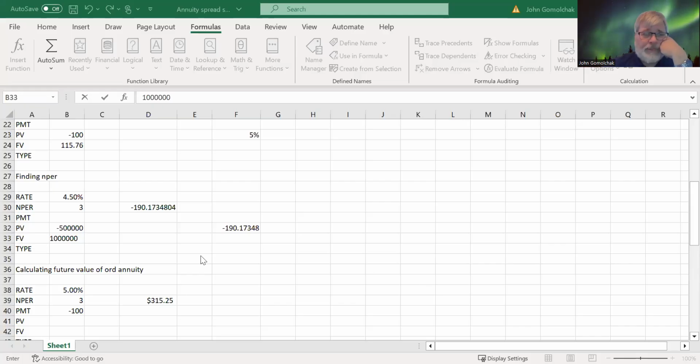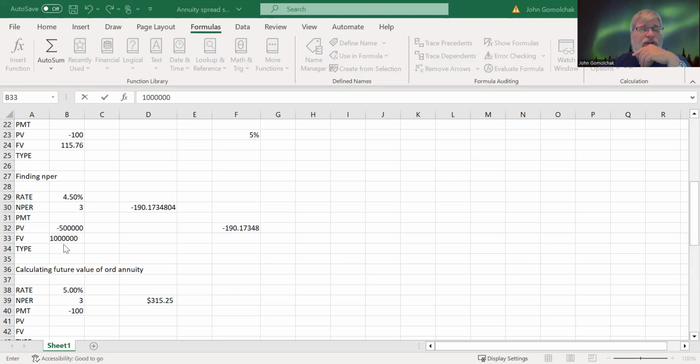Stop sharing the book. I'm going to share my silly little annuity worksheet here. So I had put in the 4.5%. I put in the present value of $500,000.